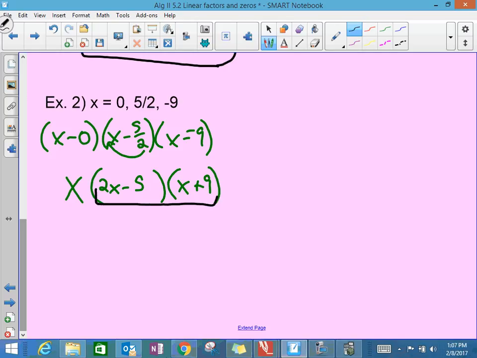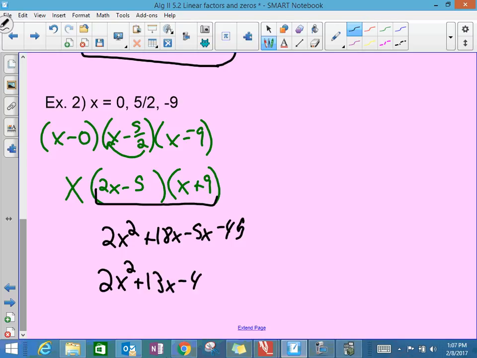Okay? So we FOIL, we get 2x squared plus 18x minus 5x minus 45. Combine like terms, 2x squared plus 13x minus 45.